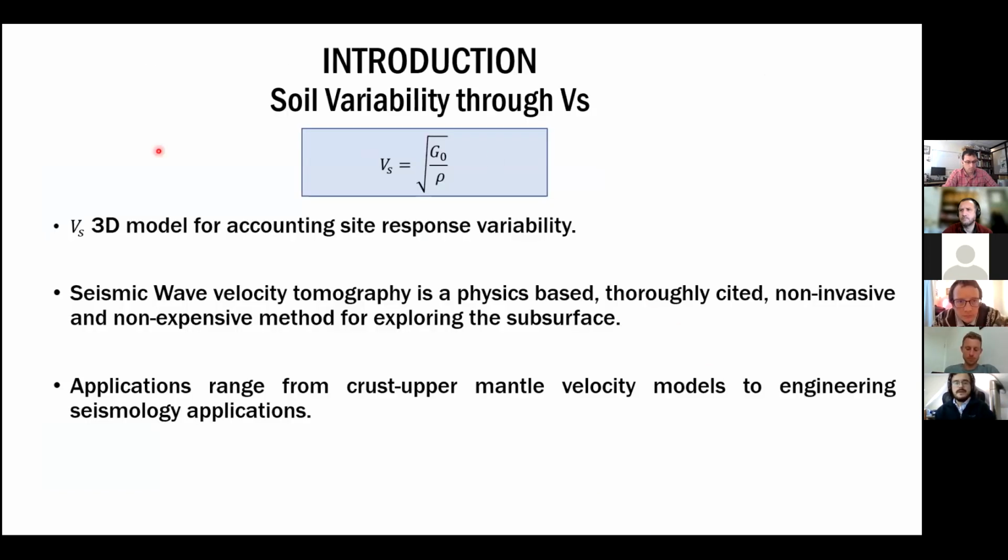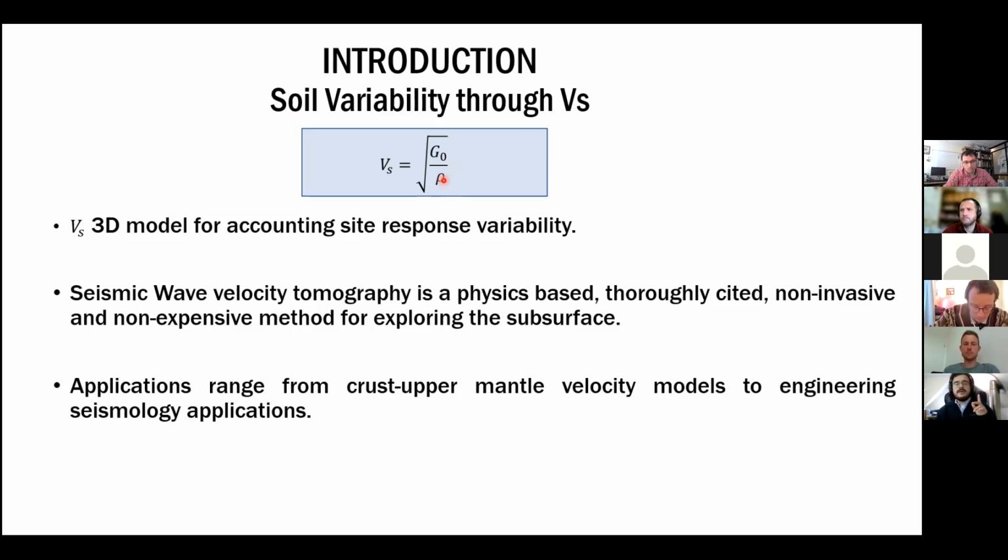So how are we going to model soil variability? What we want to use is the shear wave velocity, or VS. VS is defined mathematically as the square root of the ratio of the shear modulus to the density. We know that G0 and ρ are input parameters for soil constitutive models, and therefore they will affect the model response and performance.